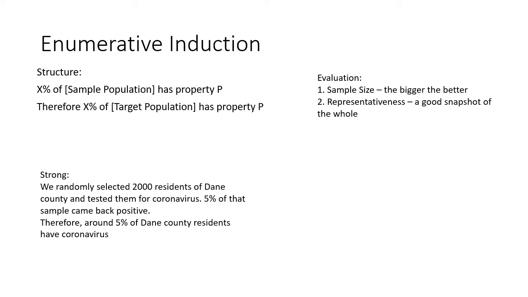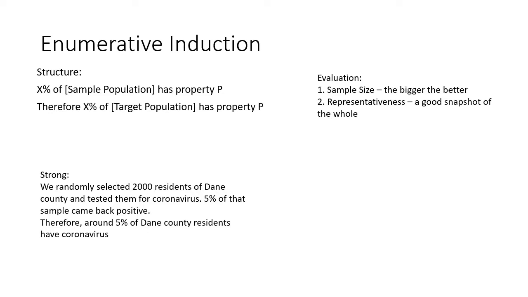opinion polls or scientific polling data that's run well will tend to be relatively strong. So for example, I have some arguments here about the coronavirus, and if you really want to know what percentage of, in this case, Dane County residents have coronavirus, you'd probably do that through sampling, and the best kind of sampling is random selection.